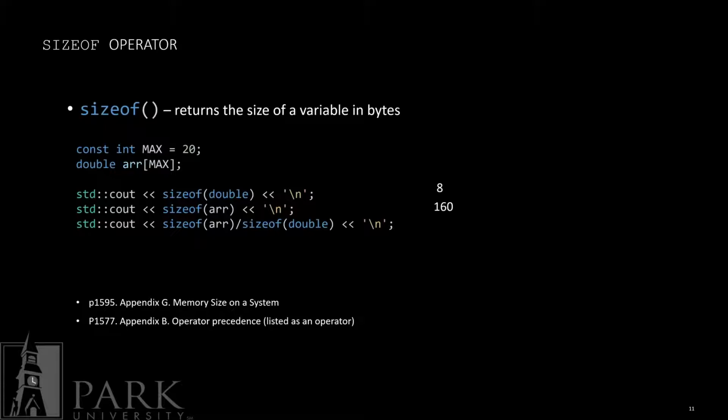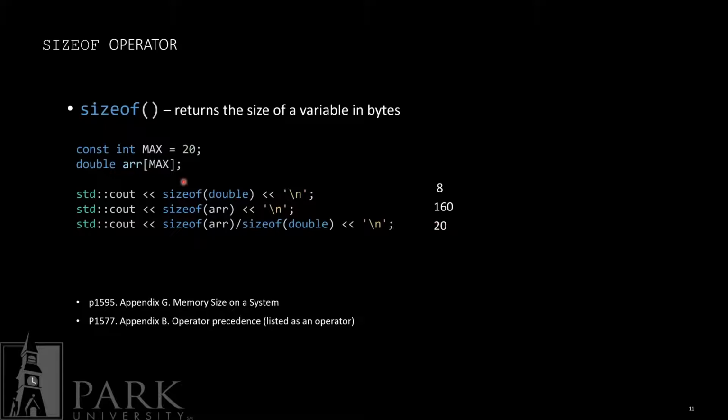And because of that, this expression in the third cout is often used to find the declared capacity of an array, which is declared locally or globally. And this is key: it's got to be a local or global variable. In this case, if we take the size of the array and divide it by the size of the type that it is storing, that will give us how many elements we have to process.